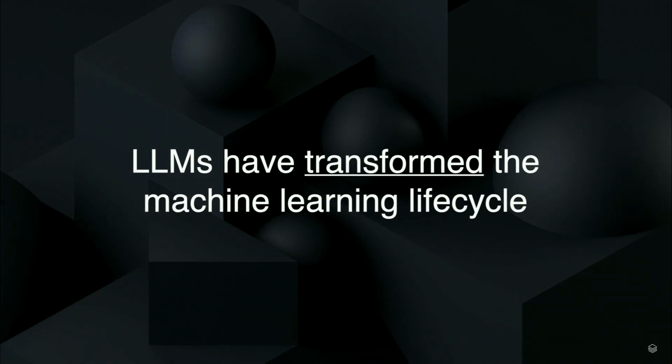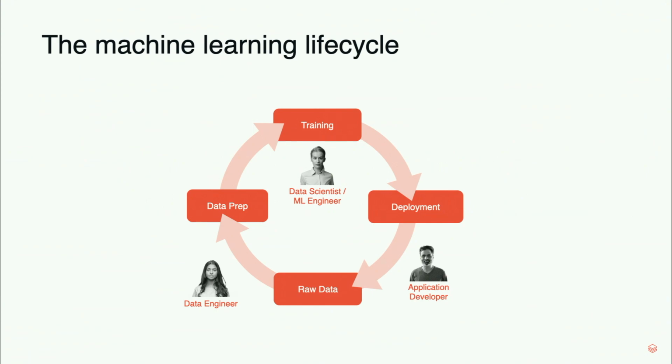We'll see how LLMs have transformed the machine learning lifecycle. Pun intended there on transformers models. From classical machine learning, there's typically a four-step process that application developers go through. You start by collecting raw data from a variety of sources. Once you have your data, you then clean and structure it in a data preparation phase.